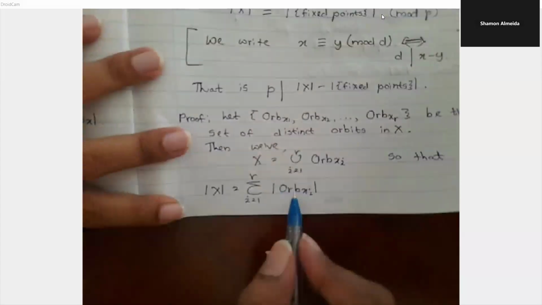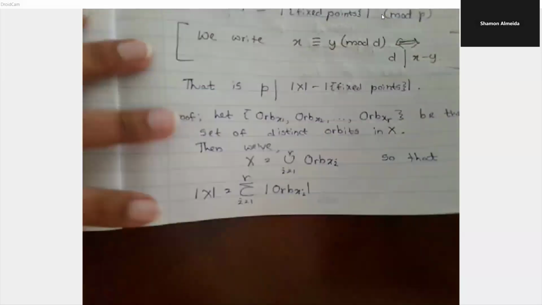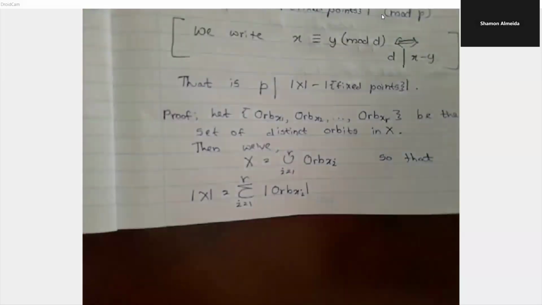What we are going to do is group the summation where the orbits have just one element, and where the orbits have more than one element. So I will rewrite it as the order of X, where we group the summation into two: the number of elements in the orbit of xi is equal to 1, plus where the number of elements in the orbit is not equal to 1.